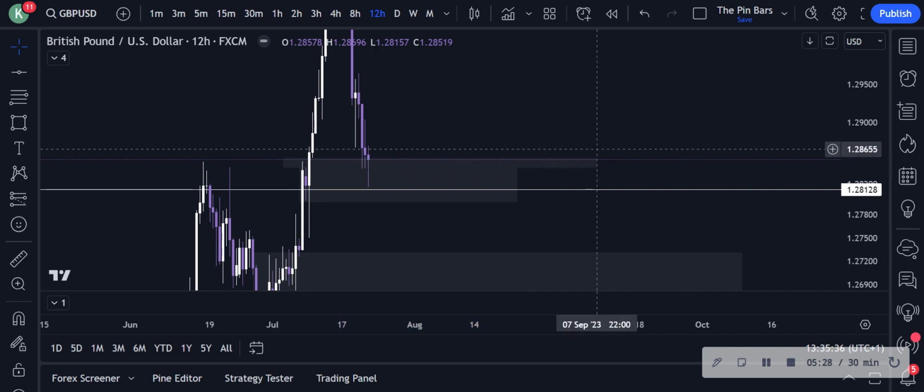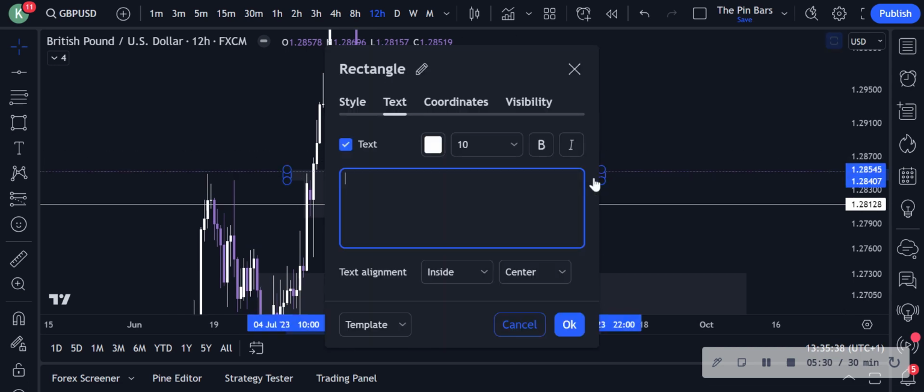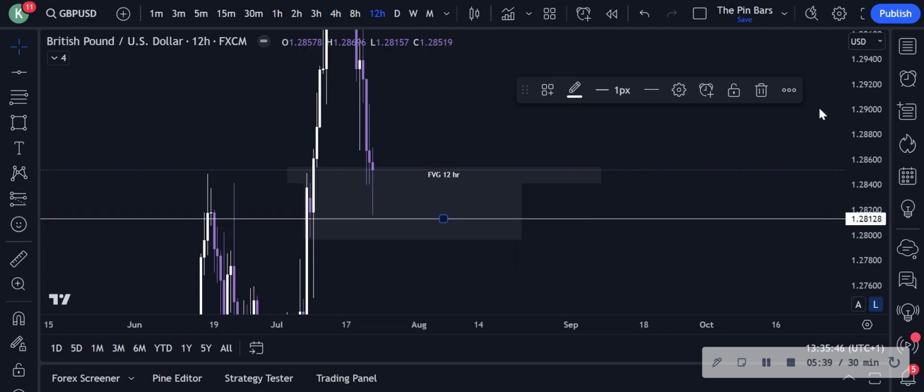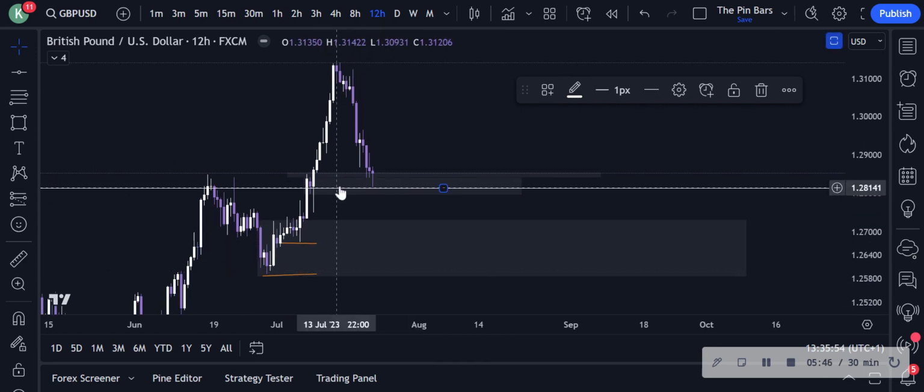I don't know if you guys can see what I'm drawing, but I'm going to label it. So this is a fair value gap, this top one here, and obviously this is a liquidity zone. Okay, so you can see price came down, tapped into the fair value gap, tapped into the zone, and I do think price would be going to the upside.